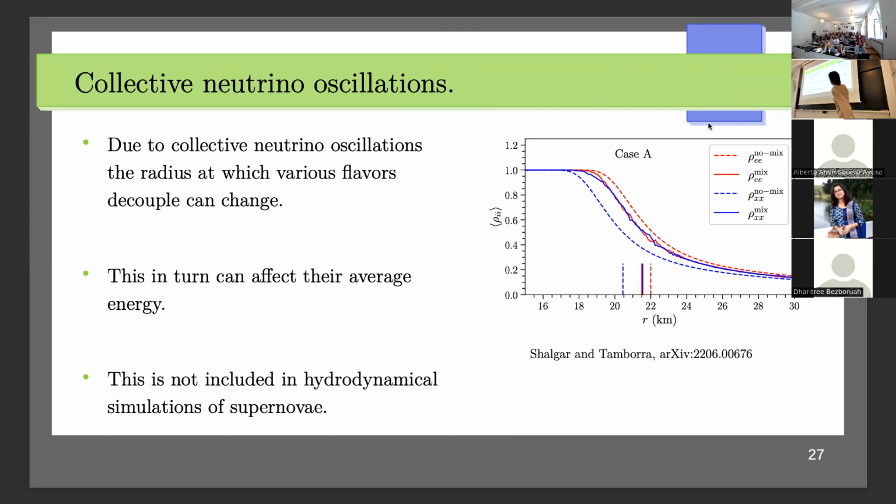We say a decoupling happens when the neutrino flux is sufficiently forward peaked, and we put a criterion for how forward peaked it has to be to call it a decoupling. But the criterion is the same with mixing and without mixing. And as you can see, because of the neutrino mixing, the radius at which they become sufficiently forward peaked has changed.